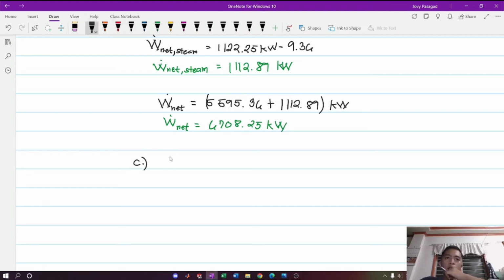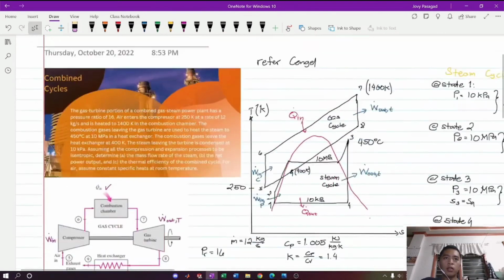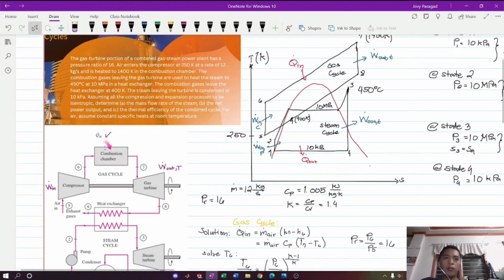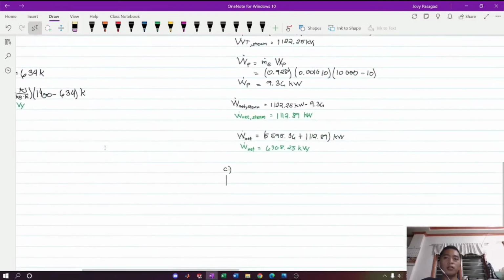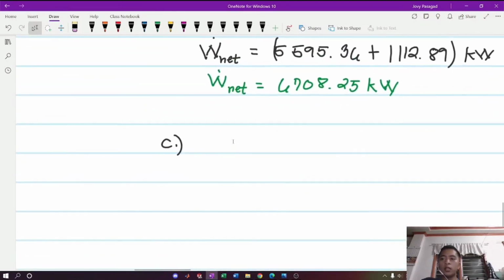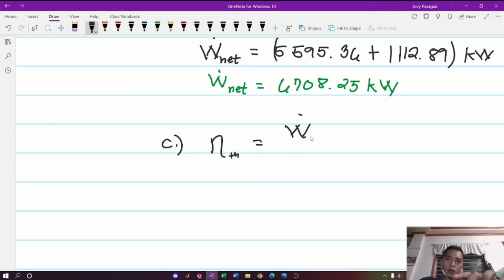So lastly, we have C, ang pangalan sa C is thermal efficiency of the combined cycle. So ang formula sa thermal efficiency is thermal efficiency sa combined cycle is equal to the work done or work net over Q in.